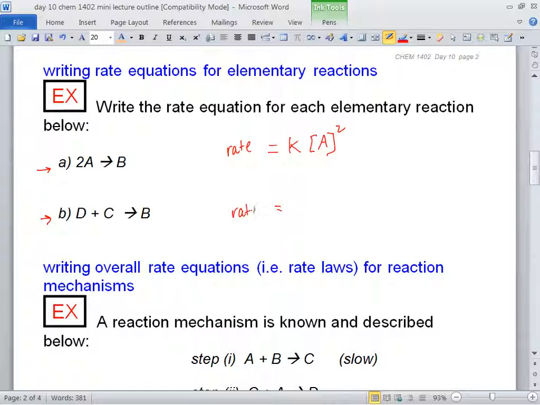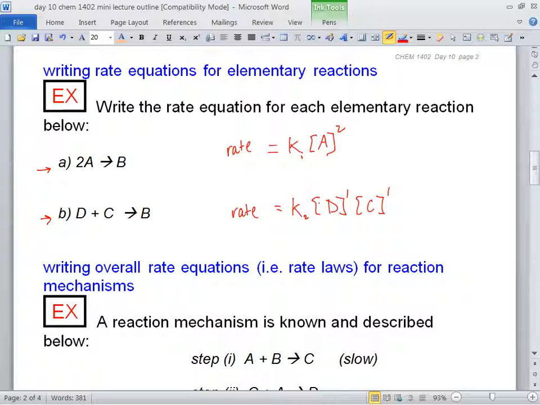Rate equals K, brackets D to the 1, C to the 1. And I guess we could write, this guy's step 1, step 2. They're going to be different K's, but that's the idea. Okay.